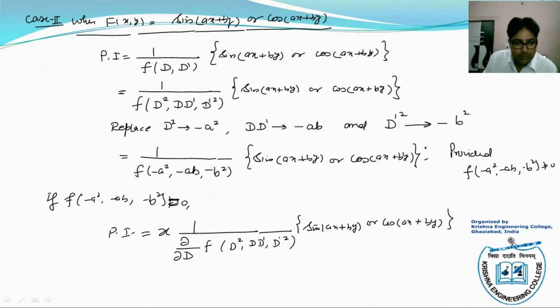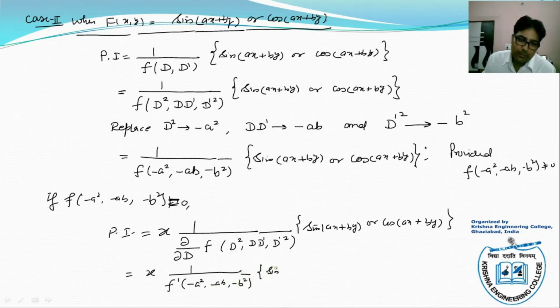So in this case this becomes x times 1 upon f', where we replace D square by minus a square, DD' by minus ab and D' square by minus b square, sin(ax plus by) or cos(ax plus by), right?